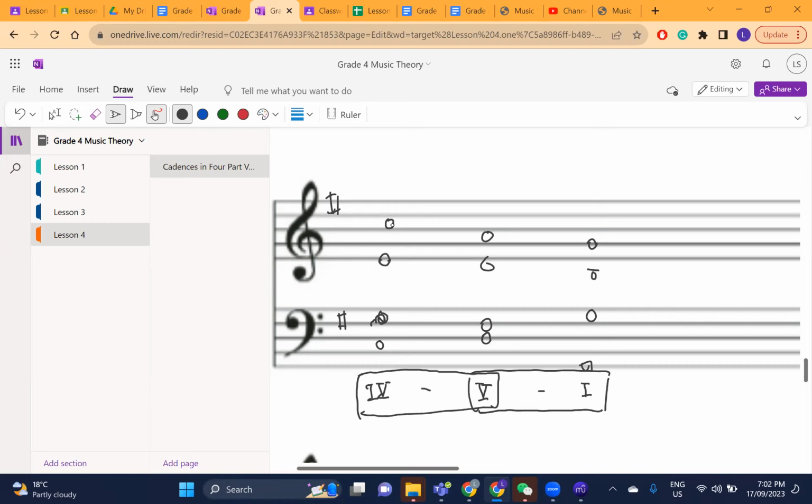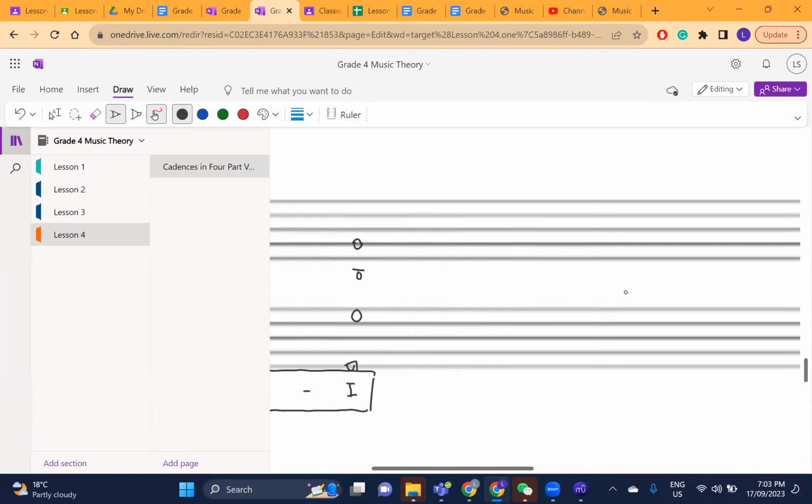So now we have a 3-chord progression, 4, 5, 1, which is like this. So 3 chords. And now, final one, let's do 2, 5.